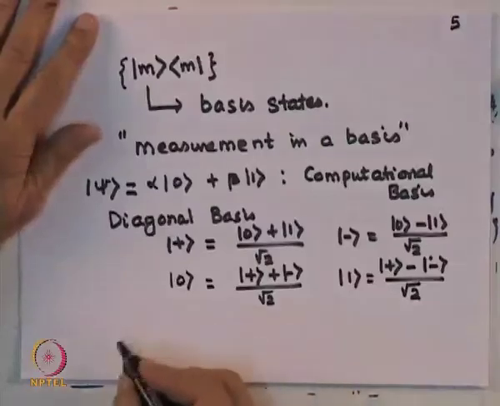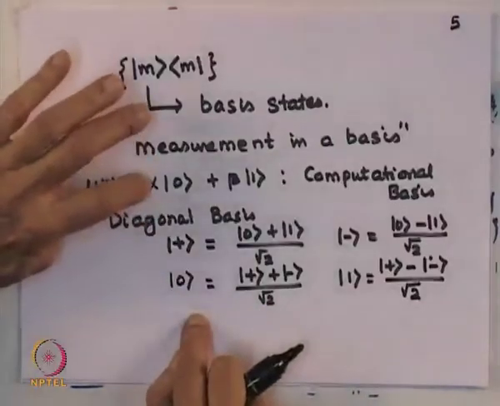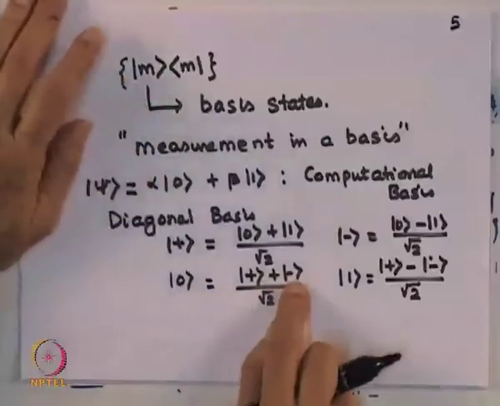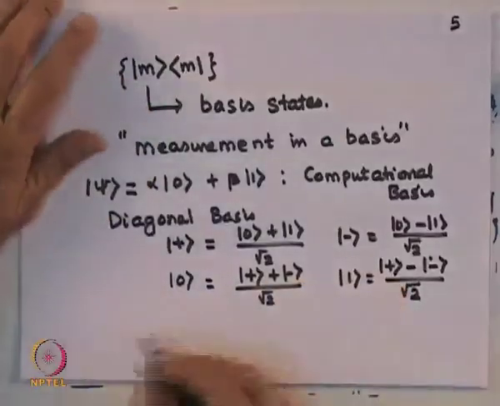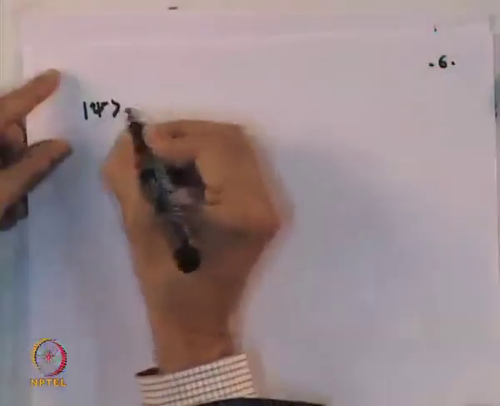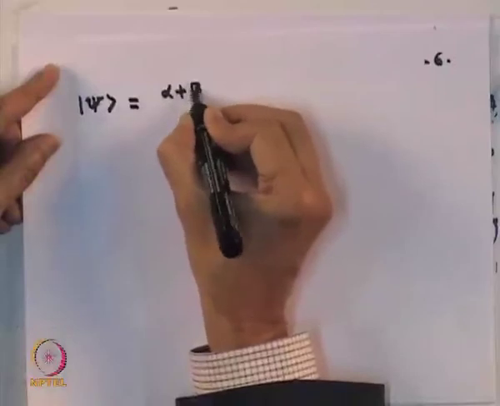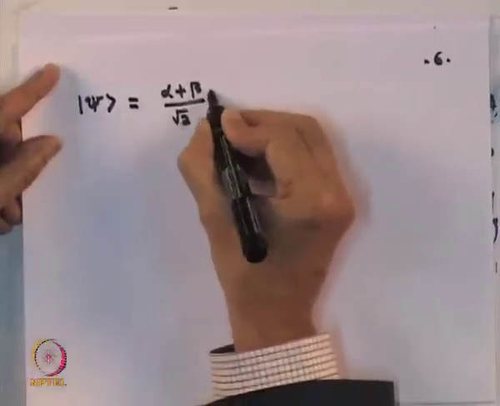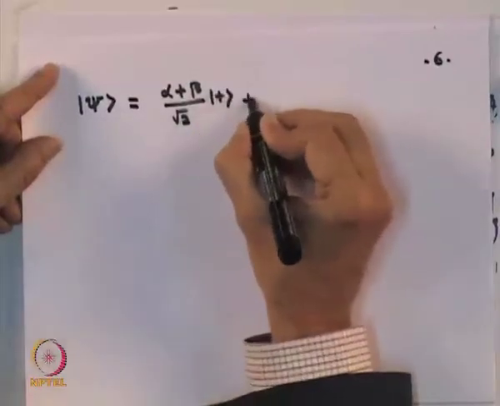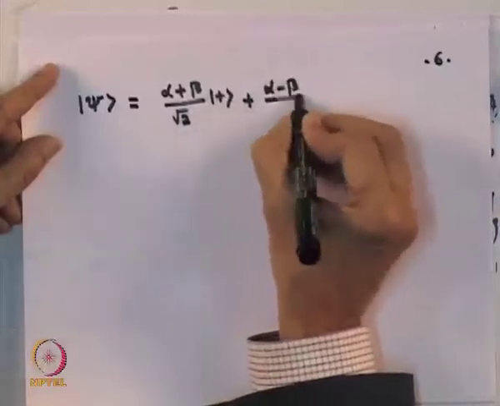So I re-express these in terms of plus and minus, so that my alpha 0 plus beta 1, that is my state psi, with trivial algebra will be written as alpha plus beta by square root of 2 plus, plus alpha minus beta by square root of 2 minus.